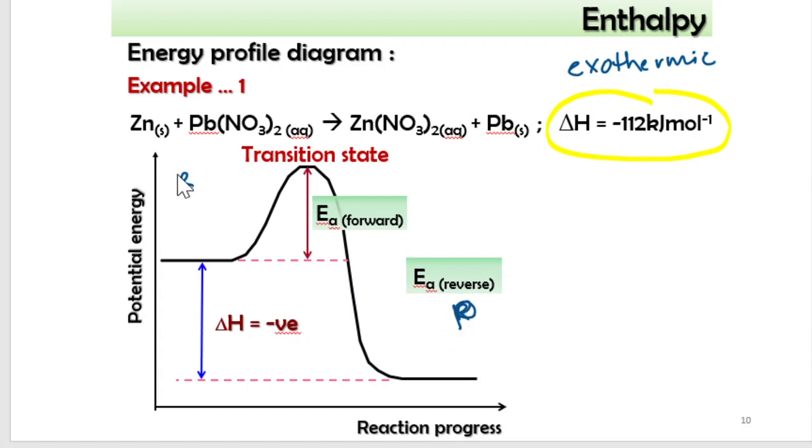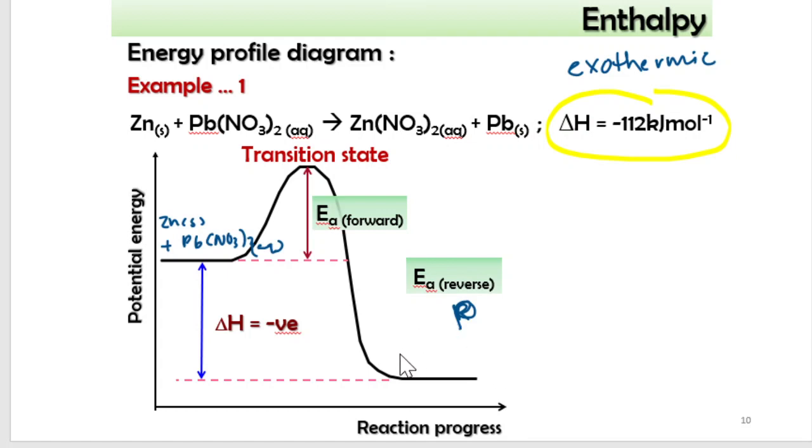So kamu mesti tulis, if you know the reaction, okay, mesti tulislah dia punya this side, zinc solid tambah lead 2 nitrate aqueous. Okay, mesti label, not just reactant and product like that.